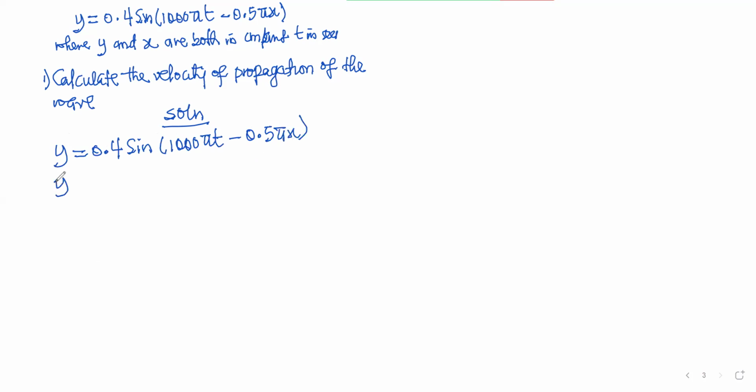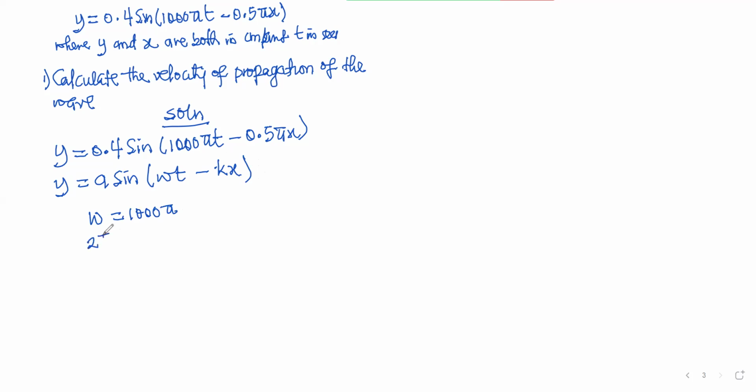When you compare this to y is equal to a sine omega t minus kx, we could conclude that omega is 1000 pi.